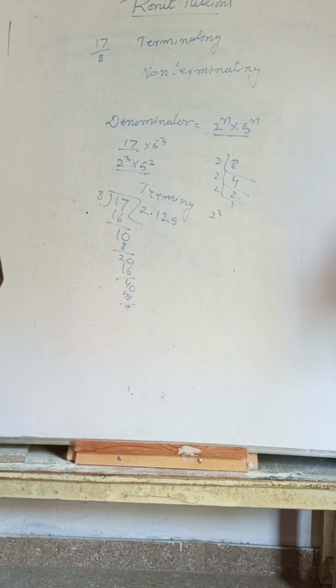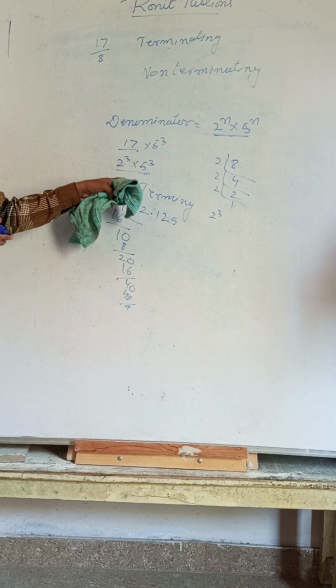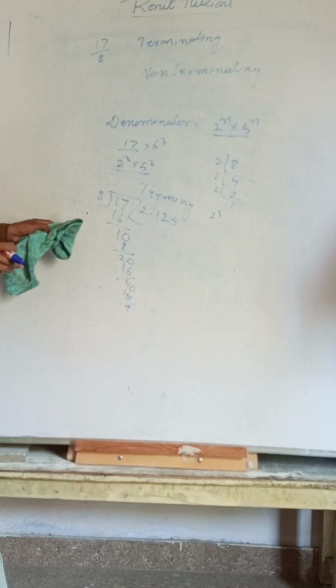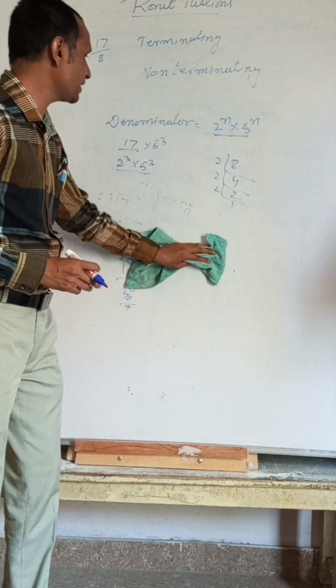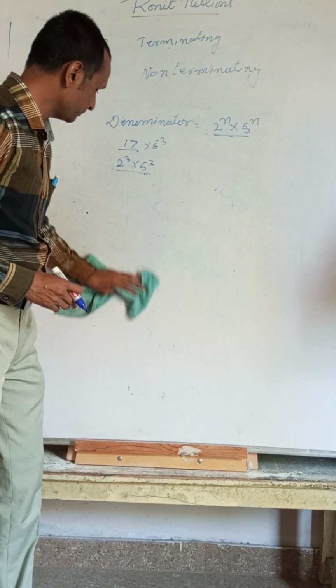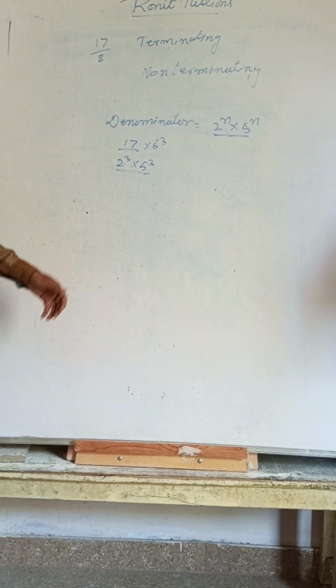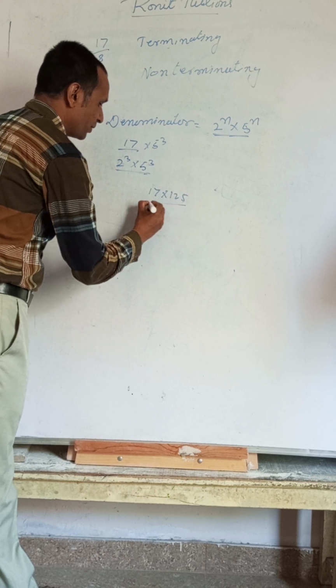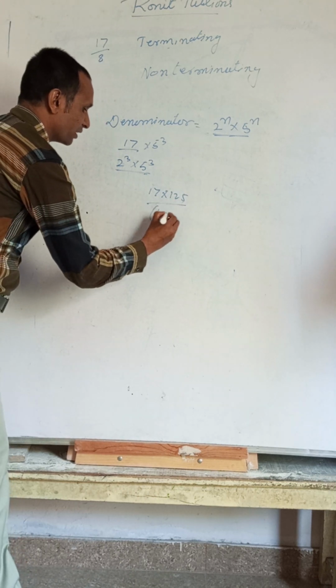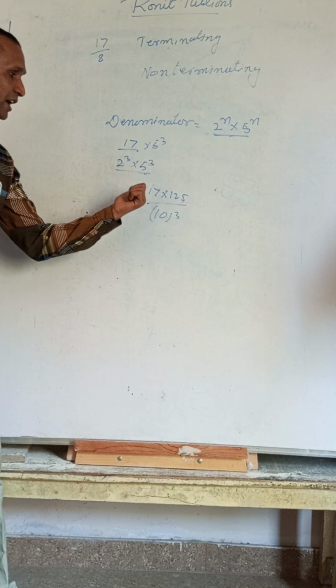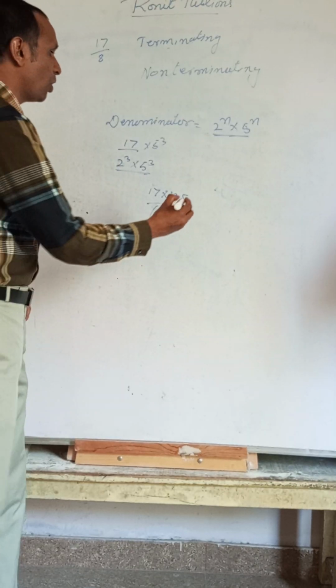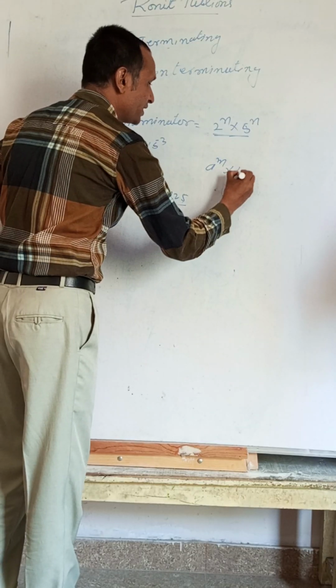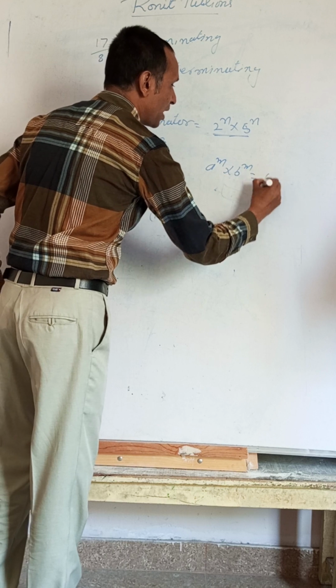Now, directly also we can find it in this form. Let's learn another good way to find it. We can write it like this: 17 into 125 divided by 10 to the power 3. If the bases are different but the powers are the same, you know a to the power m into b to the power m is equal to ab to the power m.